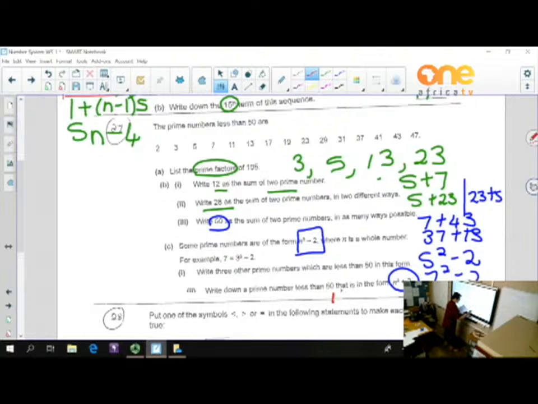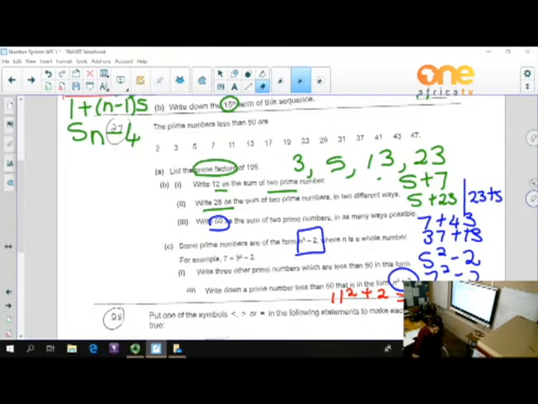I have 11 squared plus 2, which is equal to... No, this is not going to give you 13. So you'll have to error and trial until you can find one there.